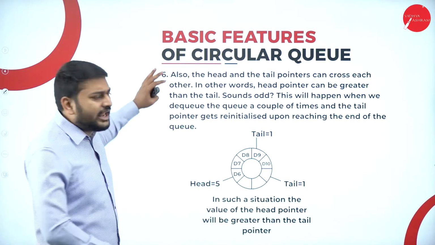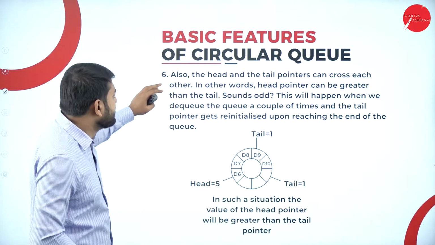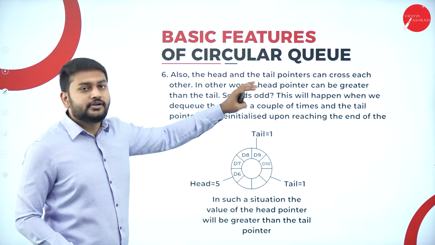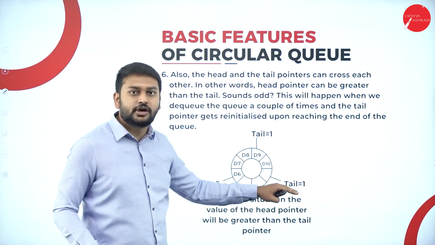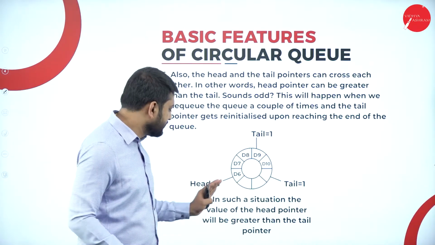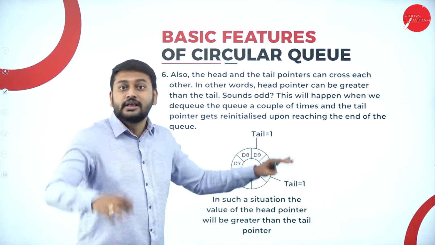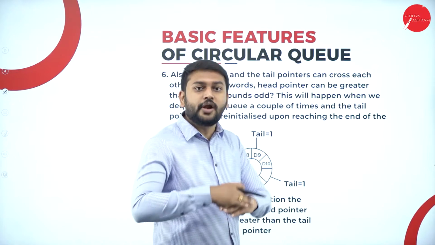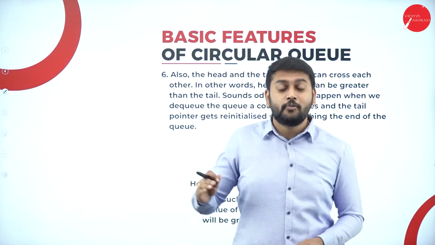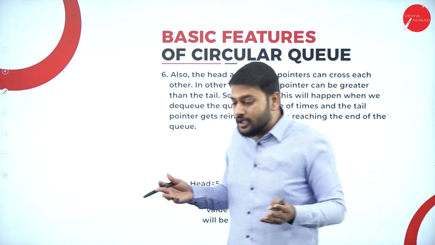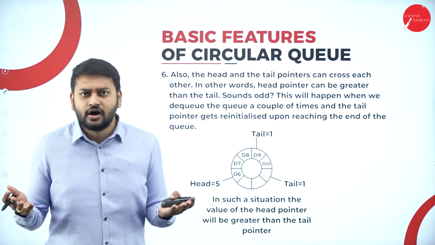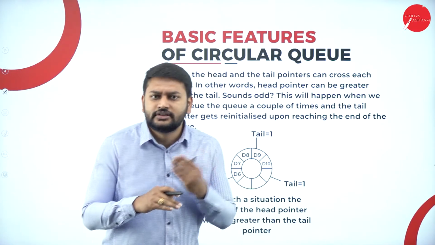Now the last point, let's understand this. The head and tail pointers can cross each other. Imagine my tail pointer is here. Can the head cross the tail? Yes, it can cross at one particular point of time. If I perform more DQ operations, you might think it is odd, how can the head cross the tail?